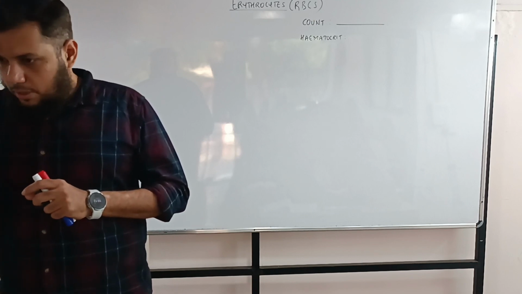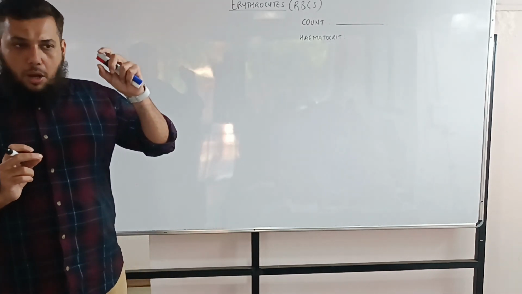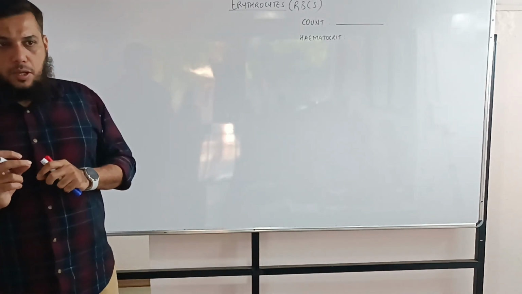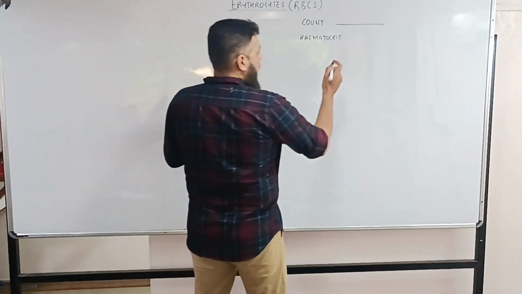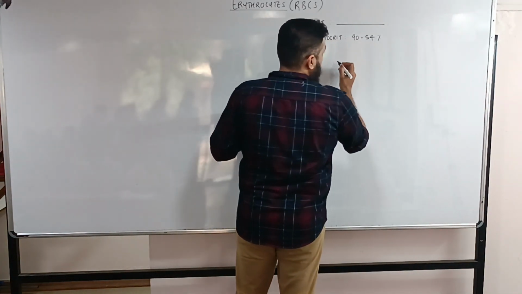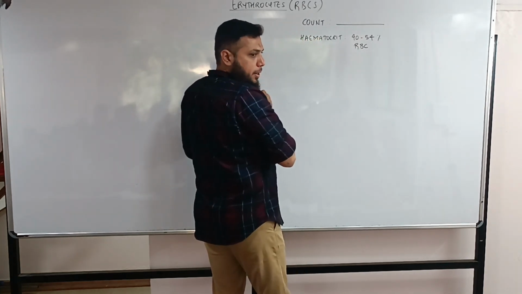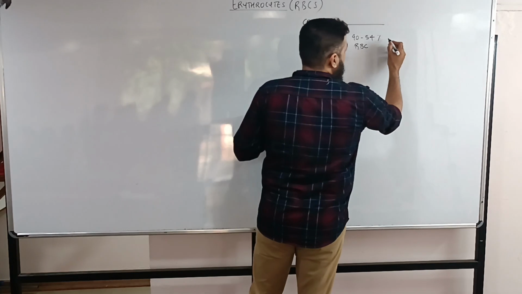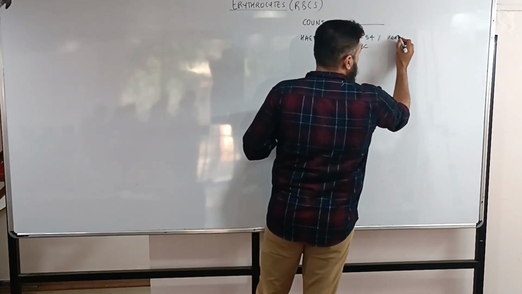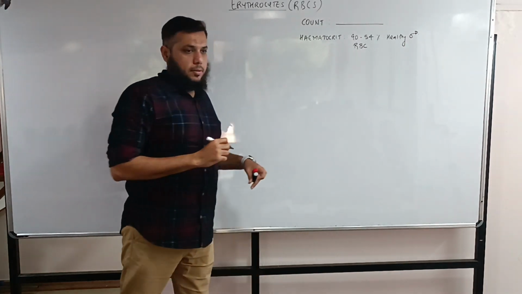Did you understand my language? Of the blood volume, which is your formed elements, if 40 to 54% is RBCs, that hematocrit value is considered to be healthy in the case of an adult male.